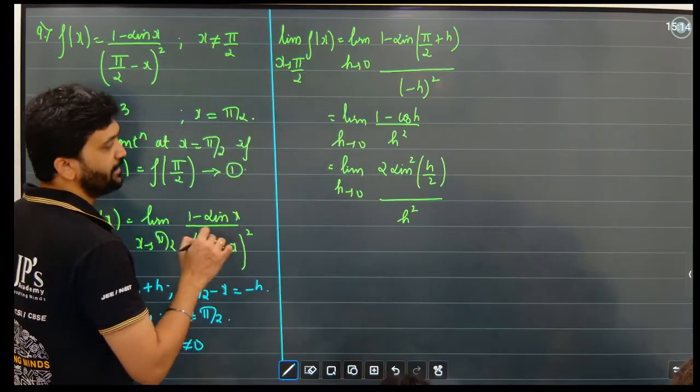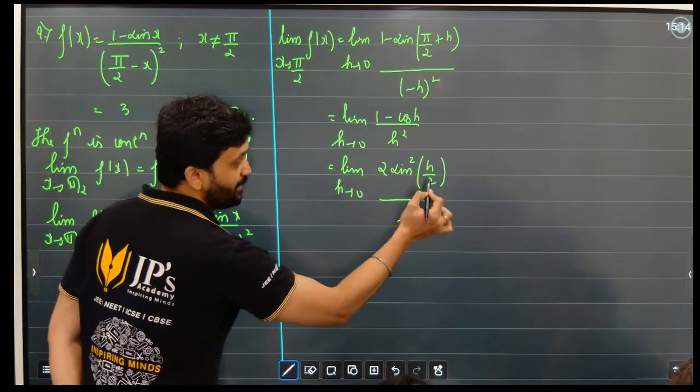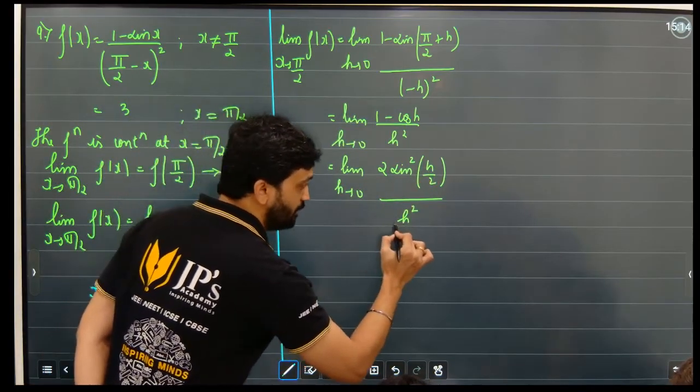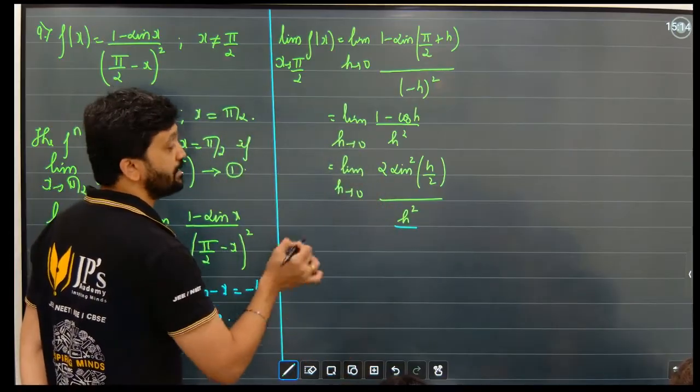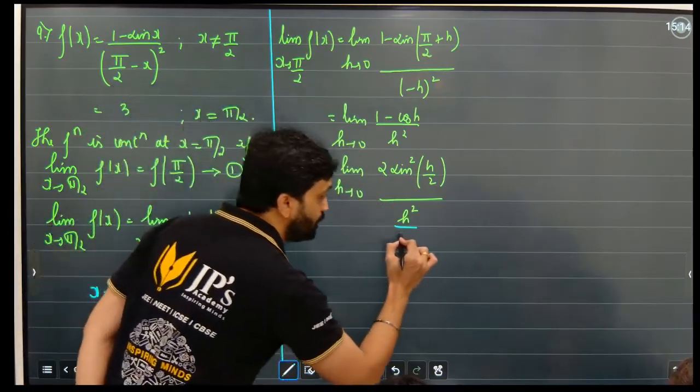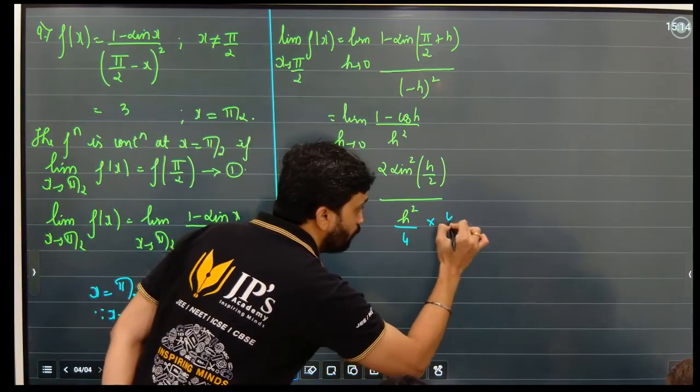Now we know the formula limit sin x upon x is 1. For sine square h by 2, in the denominator I need h by 2 the whole square, but I have h square. The only thing missing is 4.